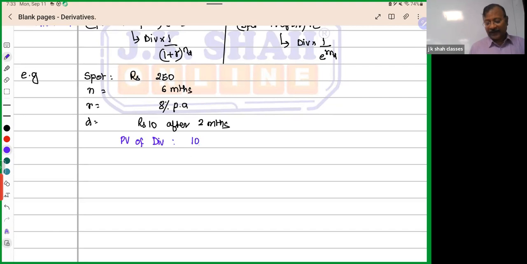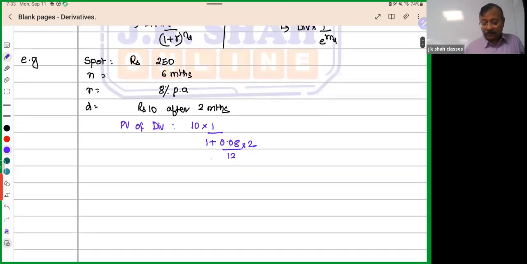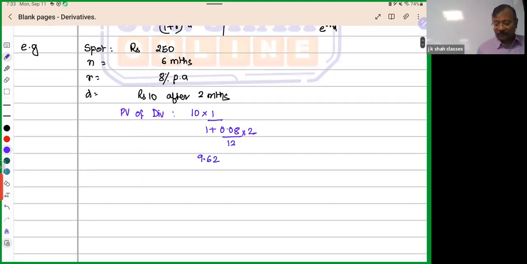PV of dividend would be 10 into 1 upon 1 plus 0.08 divided by 12 into 2. How much is this? 9.62. So this is my PV of dividend.